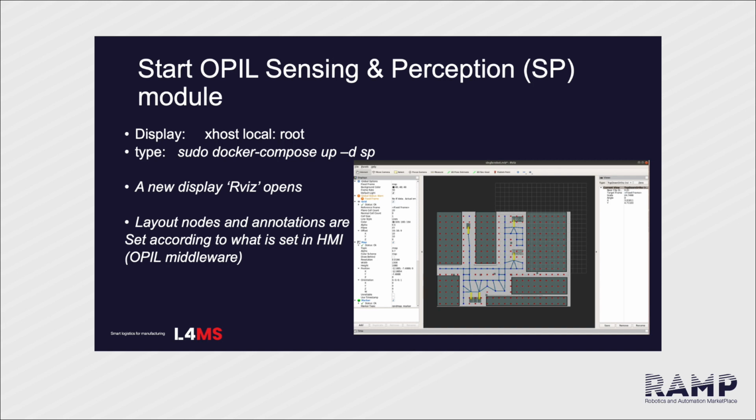In there, you will have all the layout nodes of the factory in blue, and the annotations will be displayed with yellow arrows. As mentioned on the installation guide, these are points of interest where you can, for example, pick up a pallet, drop a pallet, or perform other actions.